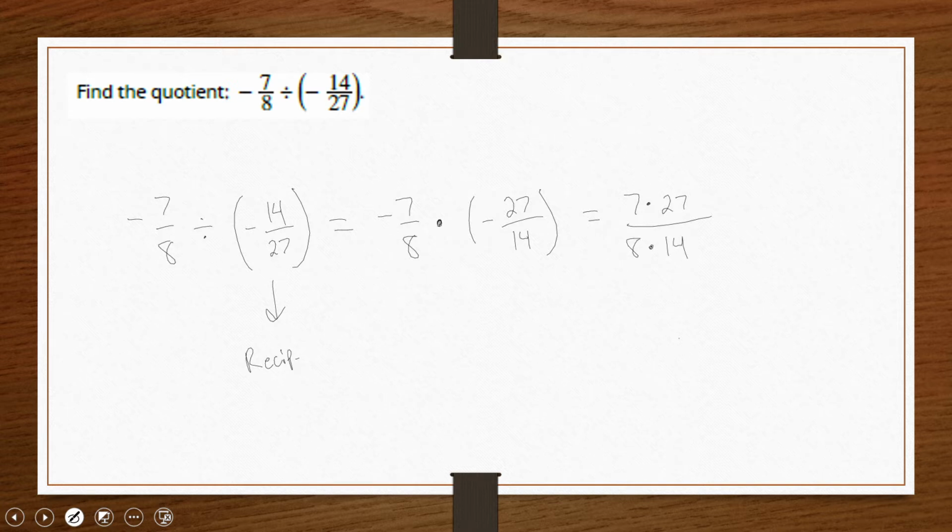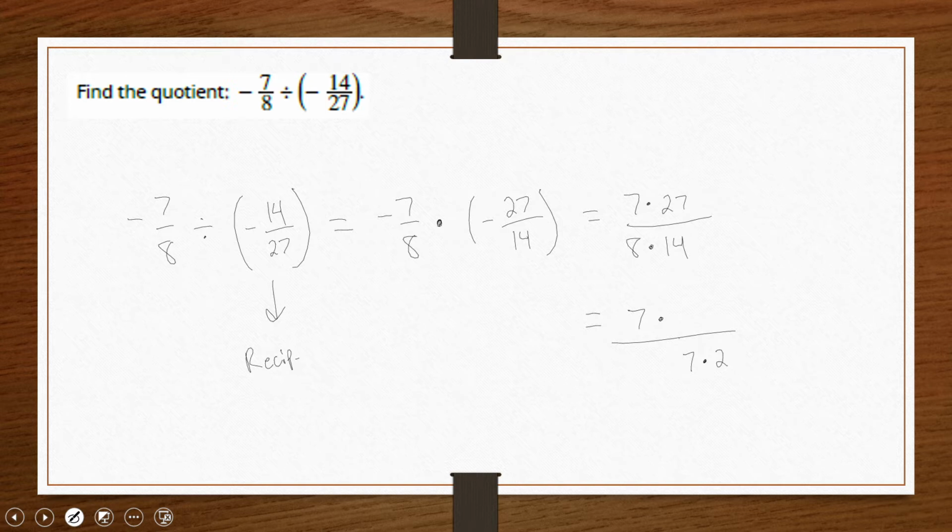result. At this stage, I'm going to consider, are there any ways to reduce the terms such that I find those common factors? And in fact, an easy one to see here is that 7 and 14, let's say, have a common factor of 7. And so I can simplify somewhat and say, well, 7 and 14 could be rewritten slightly differently. 14, for instance, could be written as 7 times 2. 27 and 8 also have common factors.